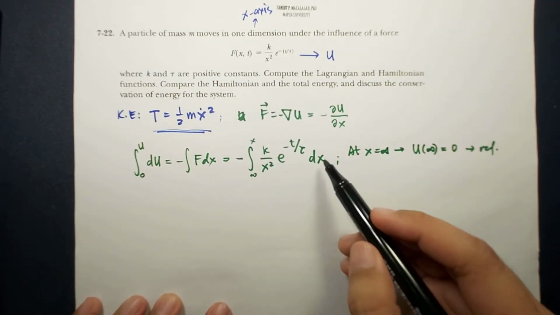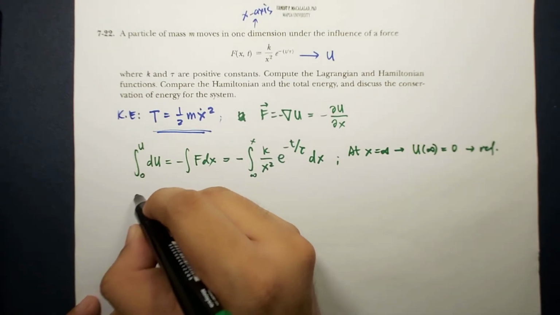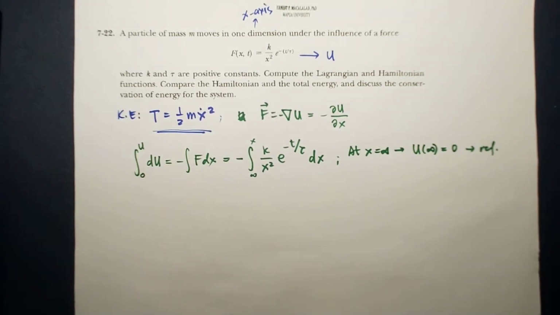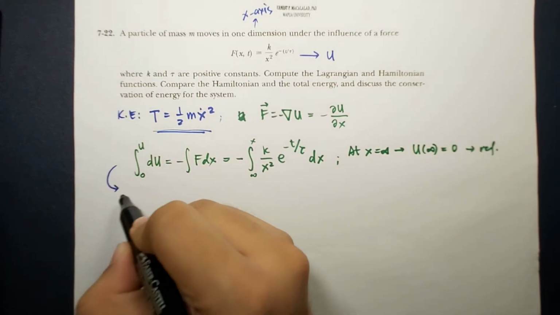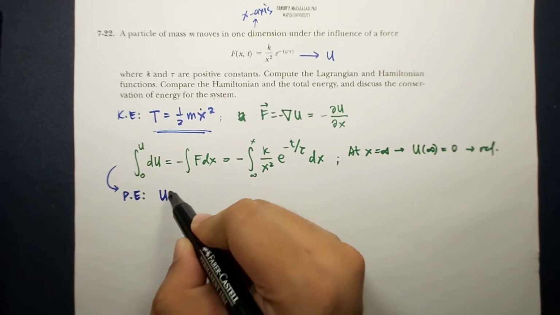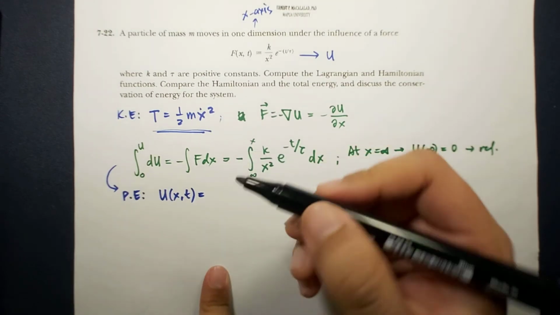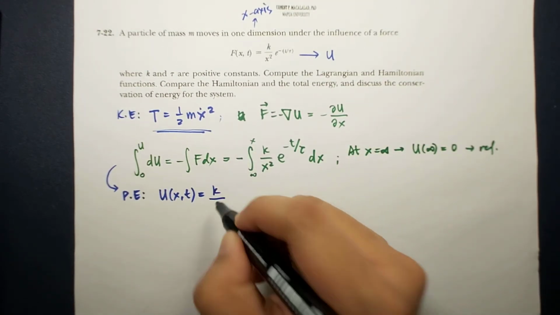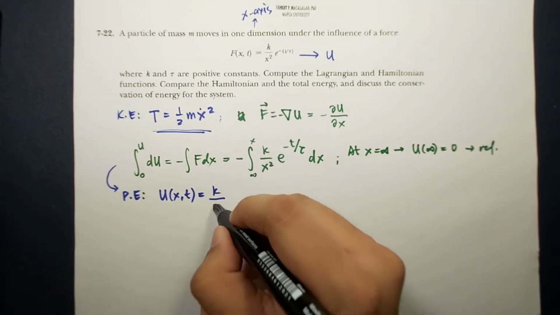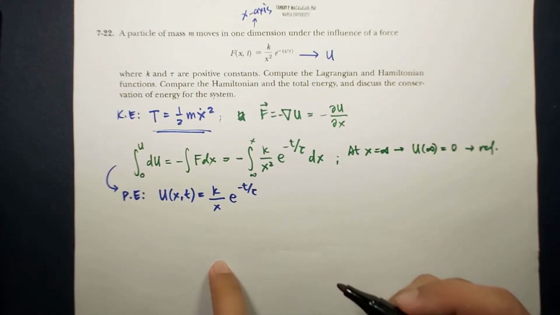So solving this integral, we now have the potential energy U, a function of x and t, equal to k over x e to the negative t over tau.